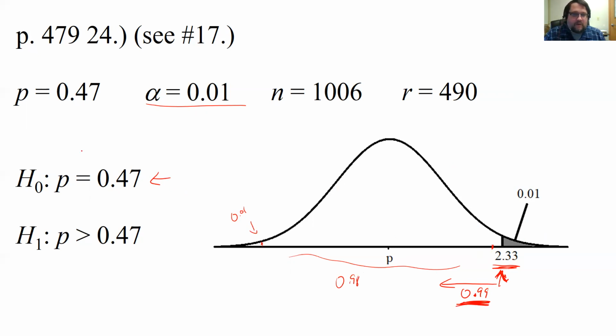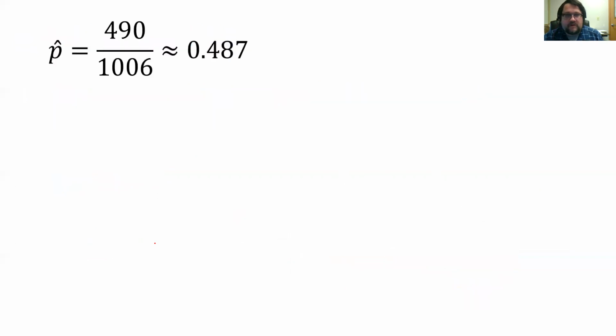And again, I said equal here. You could say less than or equal to. For all I know, these people could be less loyal to Chevrolet than other ones. So the big thing is that the null hypothesis has an equal sign, and this is the one you're testing for.